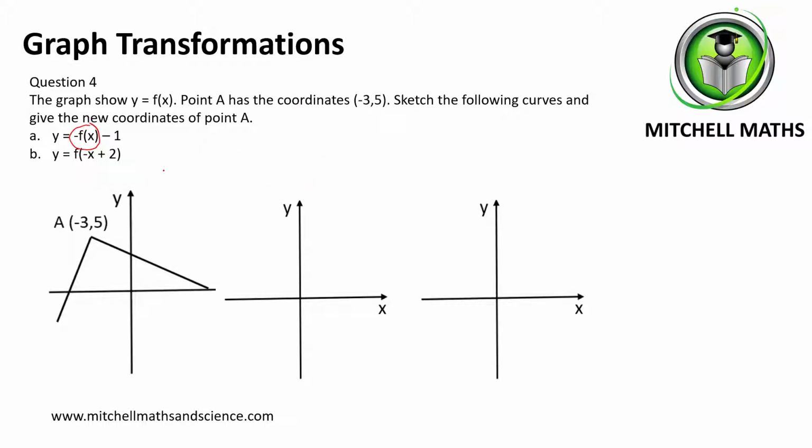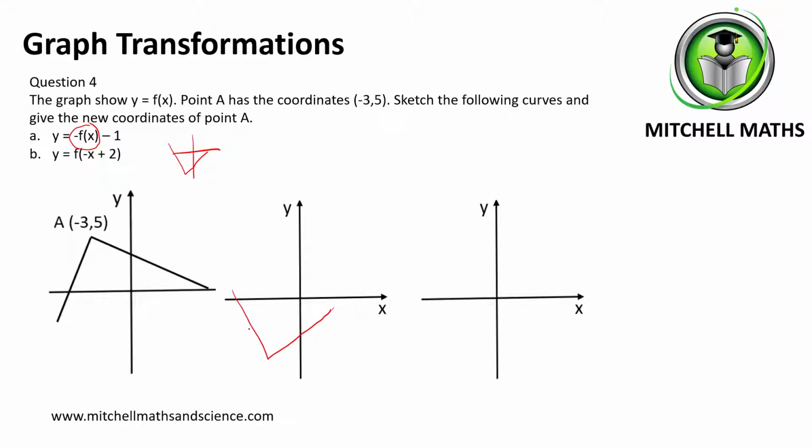After the minus, when we flip it, it'd look a bit like this. And then we're going to move it all down 1. So what we'll get is something that looks a bit like this. And it won't quite reach the x-axis. It'll just be a bit above that.